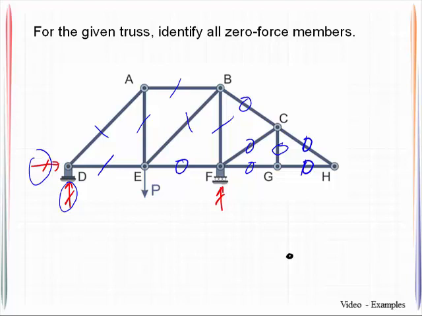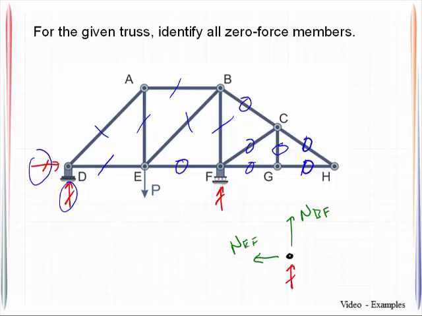We know that we've got a force here in the form of a reaction. We've got a force here in the form of NBF. You'll notice that all other bars, bar FC and bar FG, are zero, so those don't show up. And so the only other thing I have here is bar NEF.